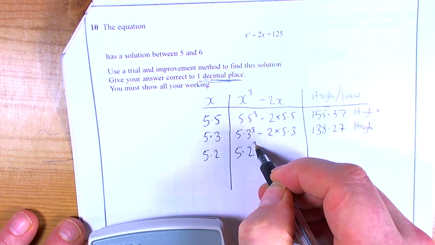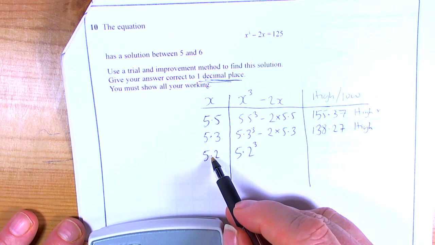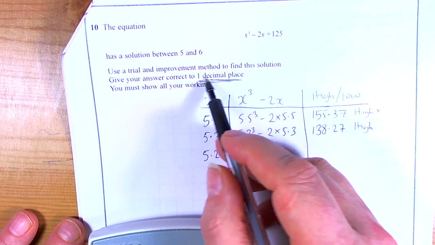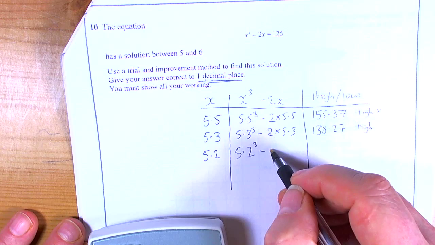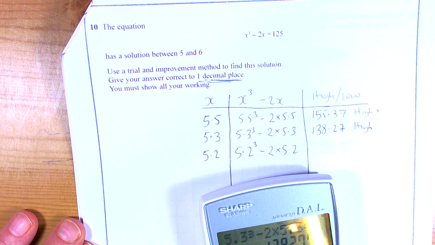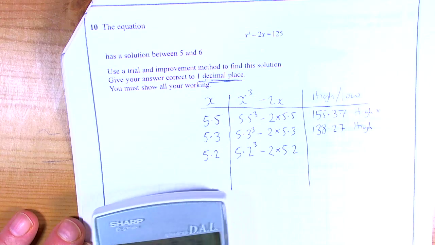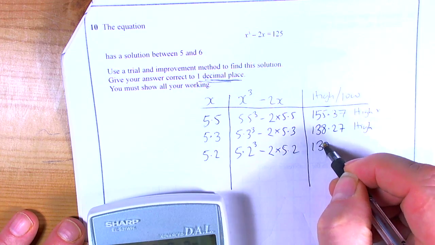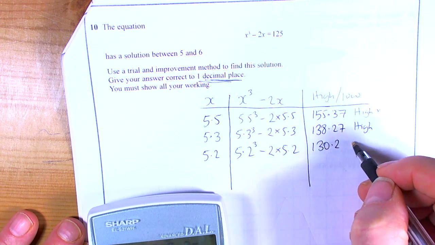So 5.2 cubed, again we're just choosing numbers with one decimal place because the question was talking about one decimal place. So 5.2 cubed, take away 2 times 5.2, gives 130.2, so still high.